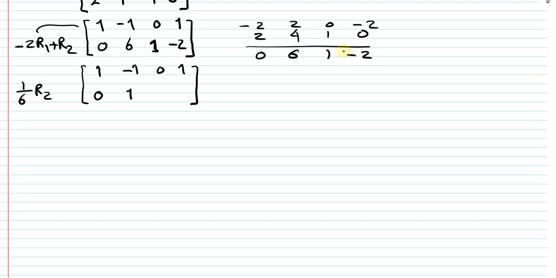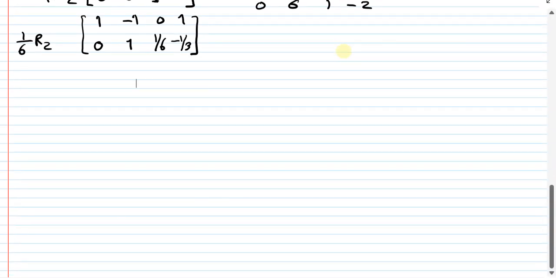So 1/6 times row 2 is what I'm doing. 1/6 of 0 is 0, 1/6 of 6 gives me 1, 1/6 of 1 is 1/6, and 1/6 times negative 2 is negative 1/3. All right, so the right side of this matrix is beginning to change as the left side is looking like reduced row echelon form. So what do I do to get rid of the -1 in the first row?